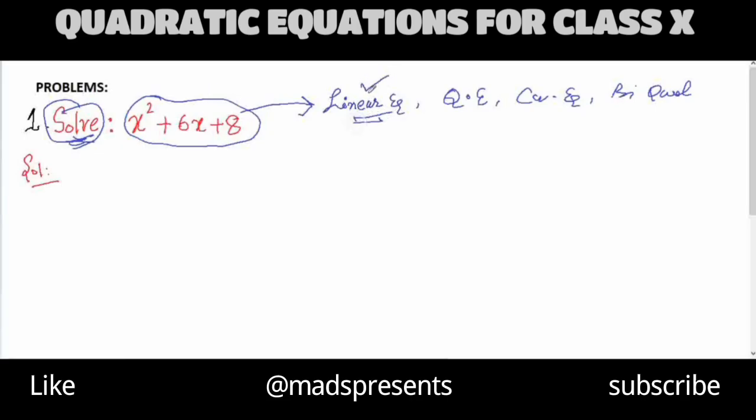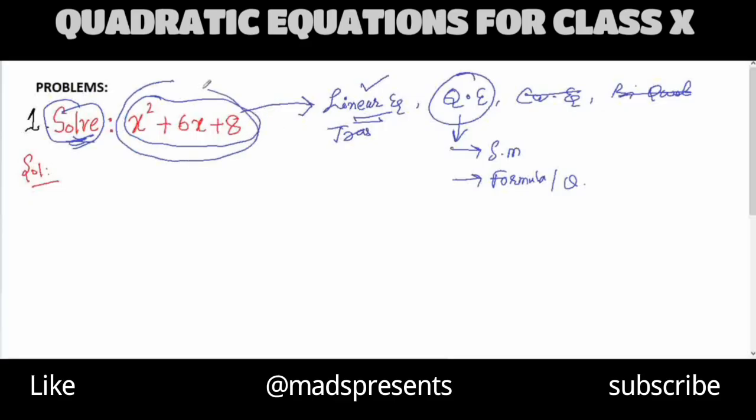Here they simply gave solve x square plus 6x plus 8, so it is a quadratic equation. How did we identify it? Because the highest power is 2, the degree is 2. After identifying a quadratic equation, we have methods to solve it. The important method is the factorization method, and the next method is using the formula.